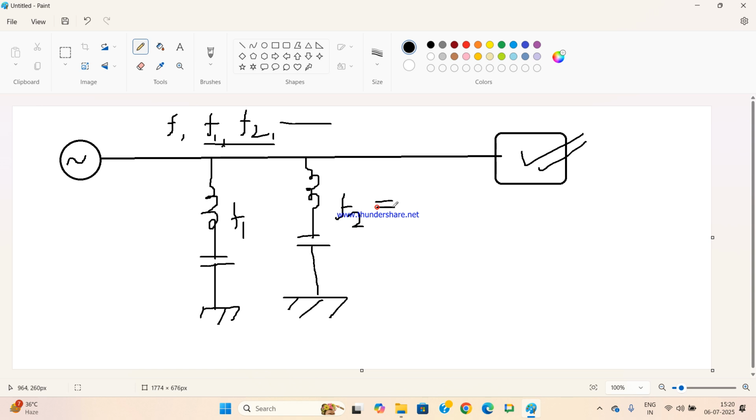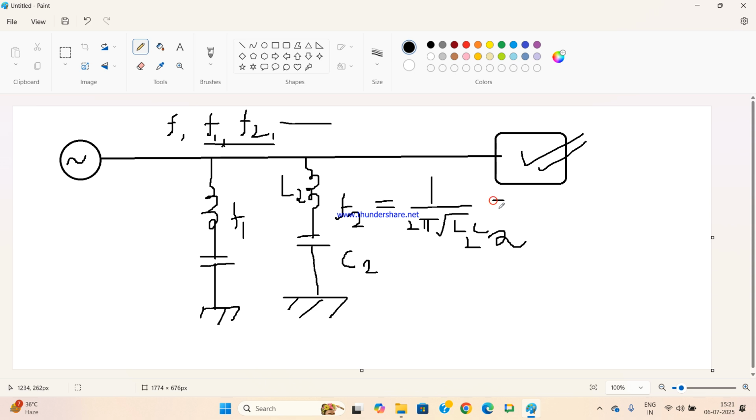So what is this? This is 1 by 2 pi root over LC. Say you take L2 and C2. So this is your L2 and this is your C2.